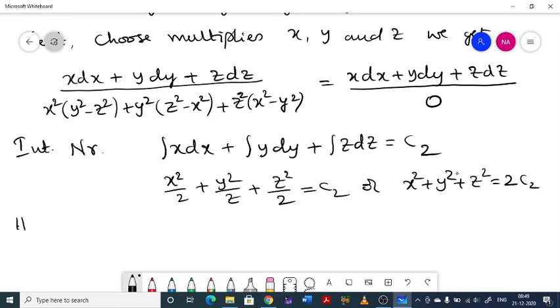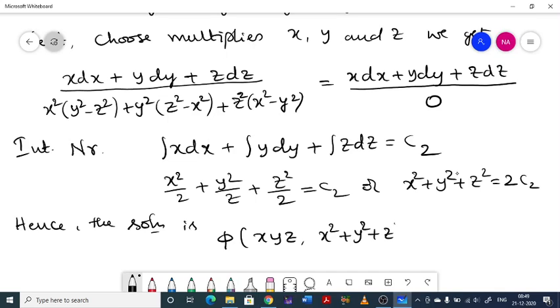Hence the solution is phi of x y z comma x square plus y square plus z square equal to 0. This is the required solution.